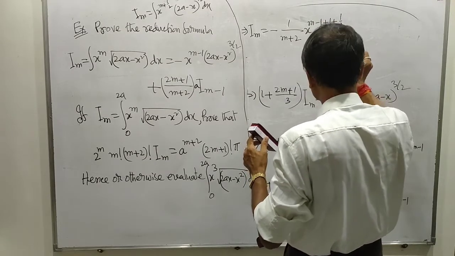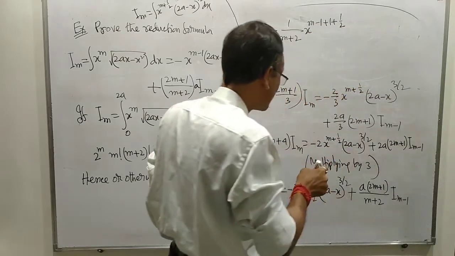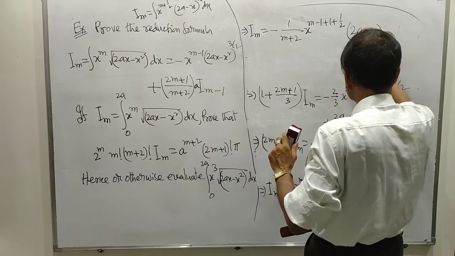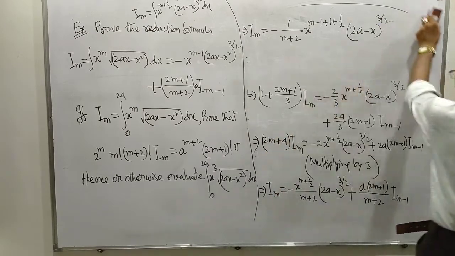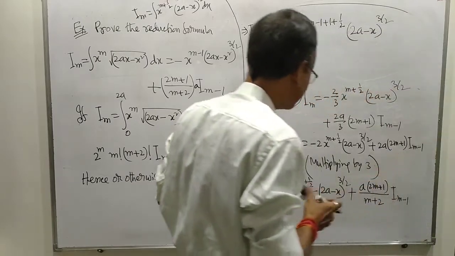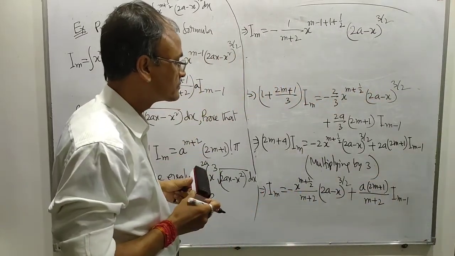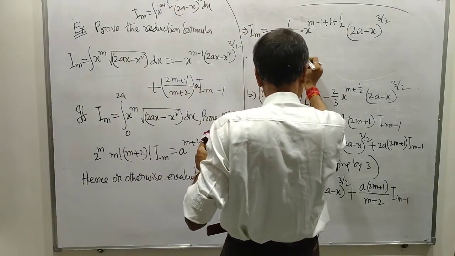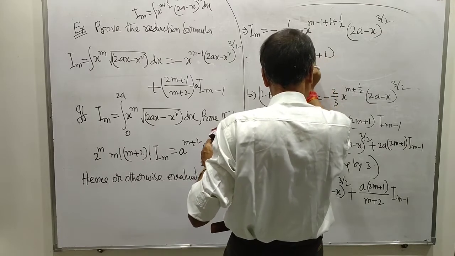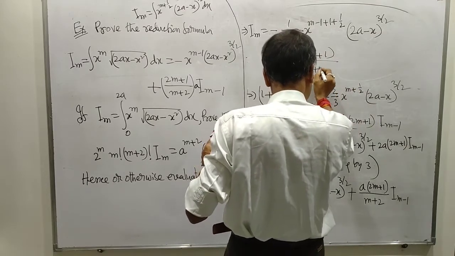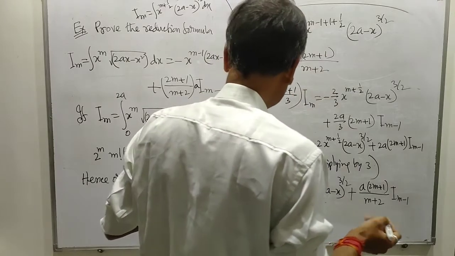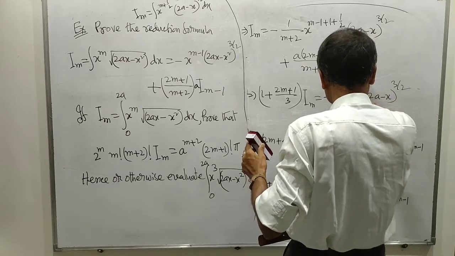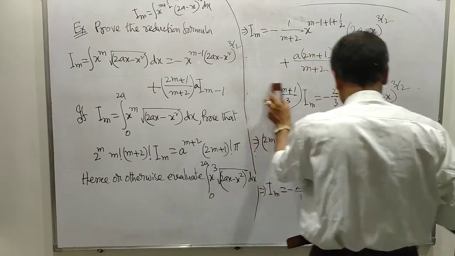You may write like this: x to the power m minus 1 plus 1 plus half into (2a minus x) whole to the power 3 by 2. Plus a times (2m plus 1) divided by m plus 2, I_(m minus 1). It is as it is.